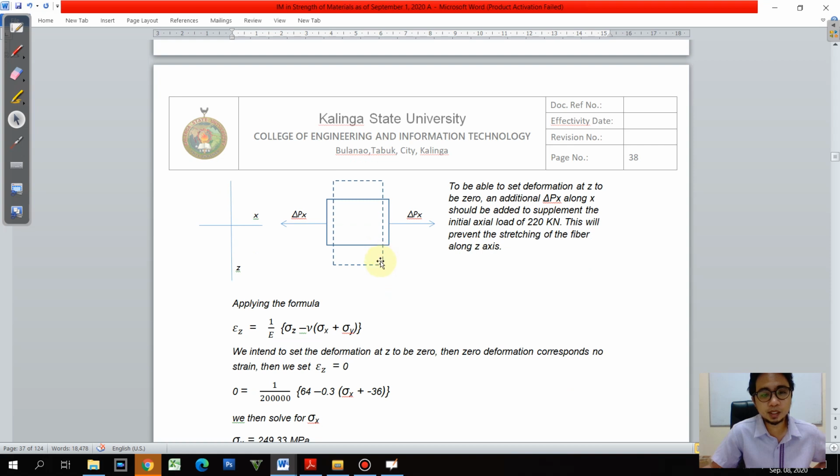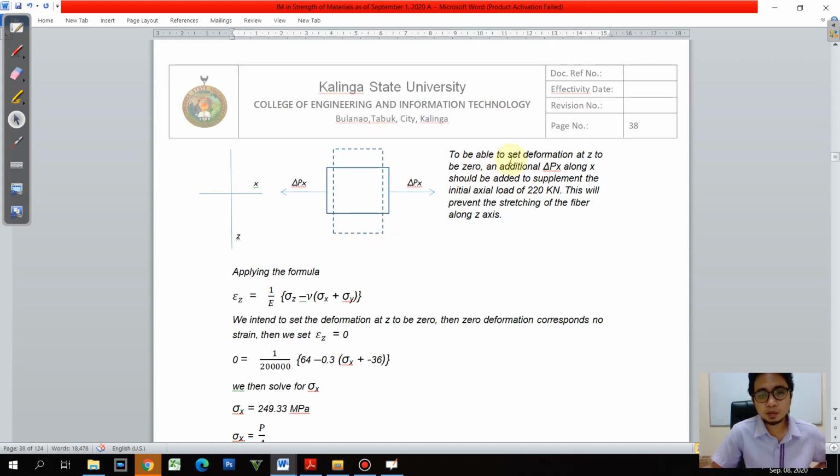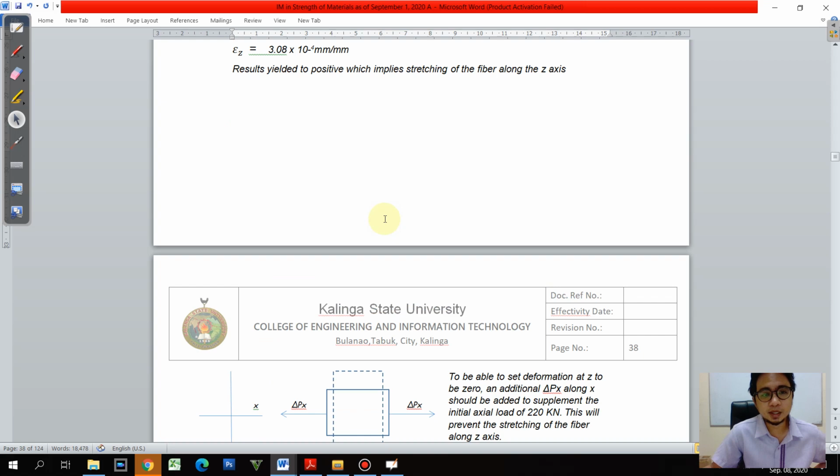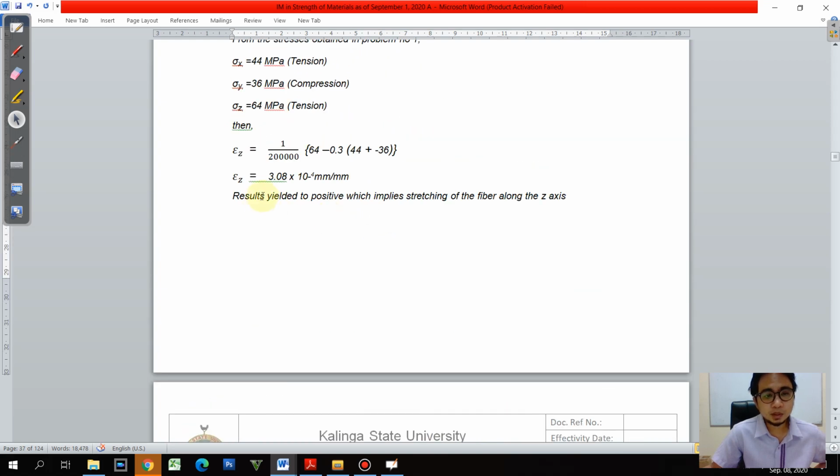To set the deformation at z to 0, since the z stretched at 3.08, how do you bring it back? If it elongated, you bring it back to the original, in order to come up with no strain at the z-axis.